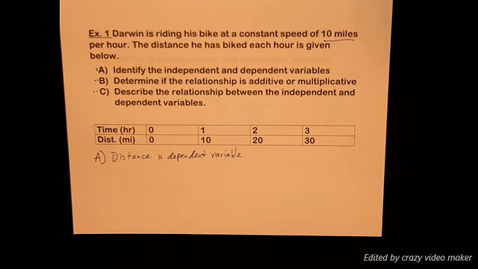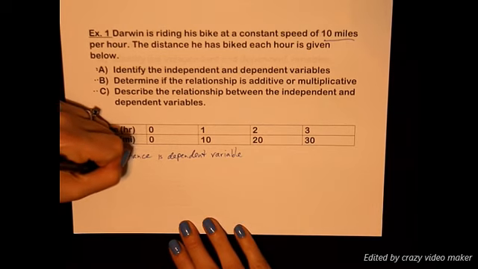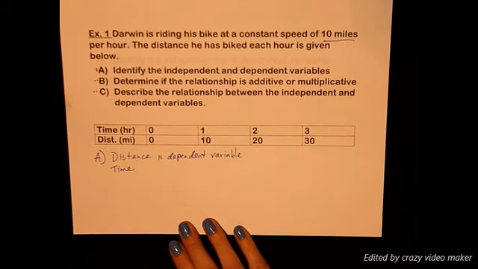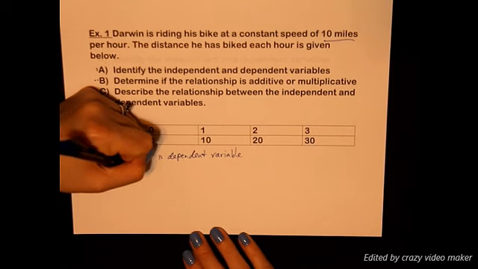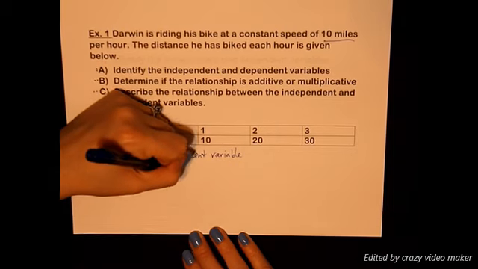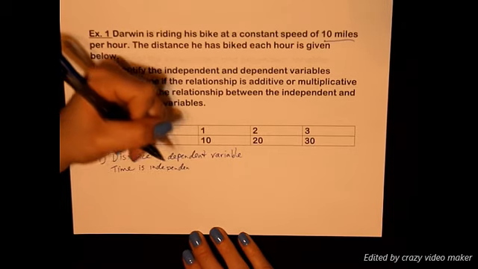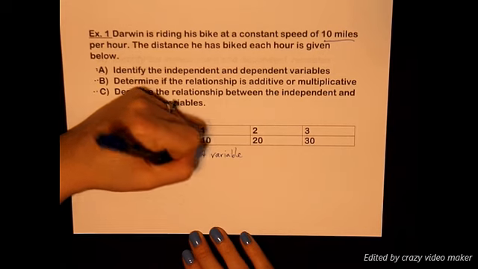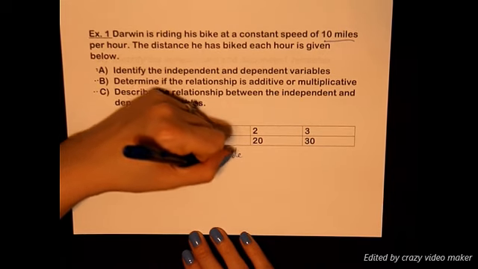And since the time doesn't depend upon anything, that is the independent variable. And usually if you have time, time is most likely your independent variable.